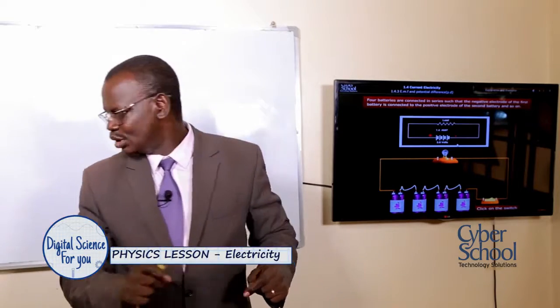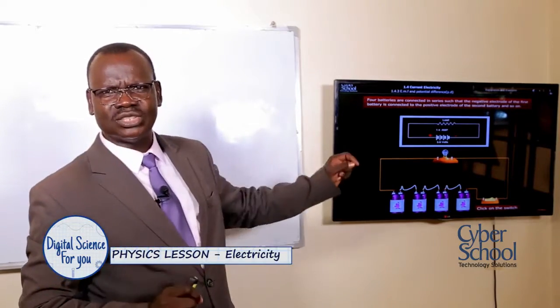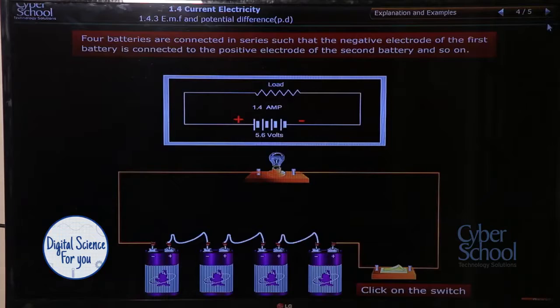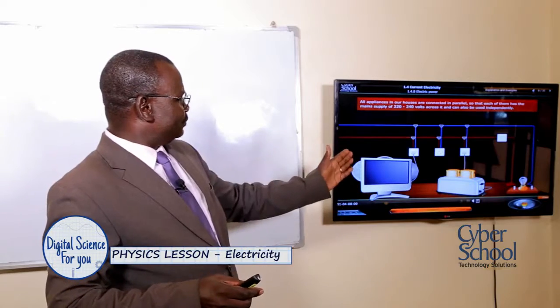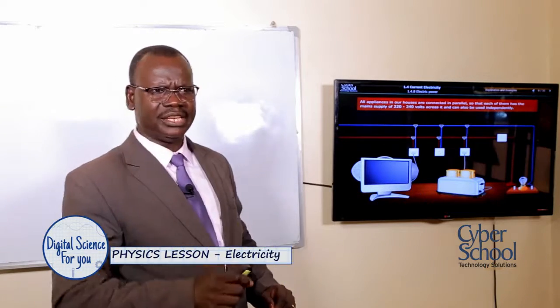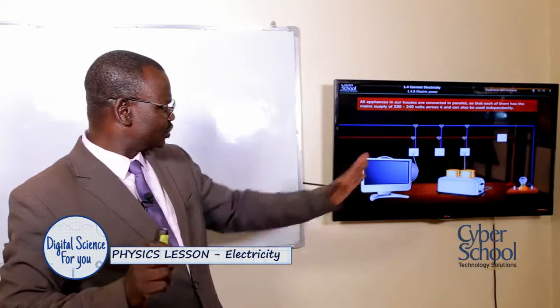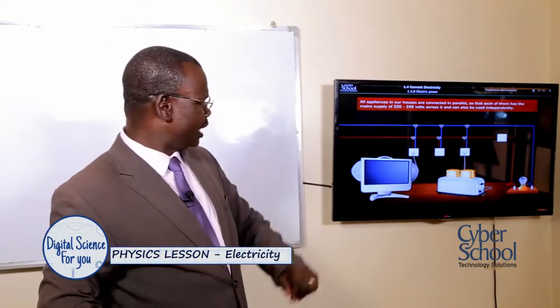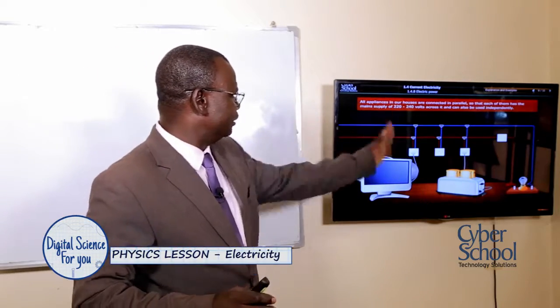So that is what we need to understand in this concept of parallel and series connection. I have just shown you all these appliances you have: the toaster in your kitchen, the cooker in your kitchen, the TV, the fridges. All of these must have the same voltage.